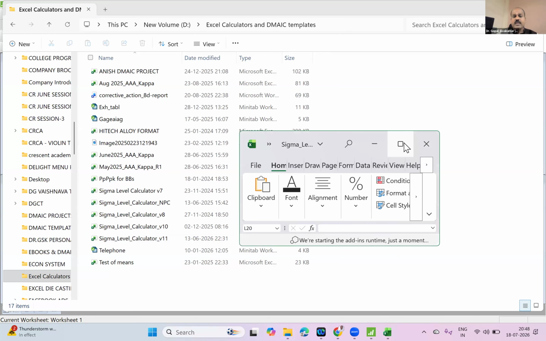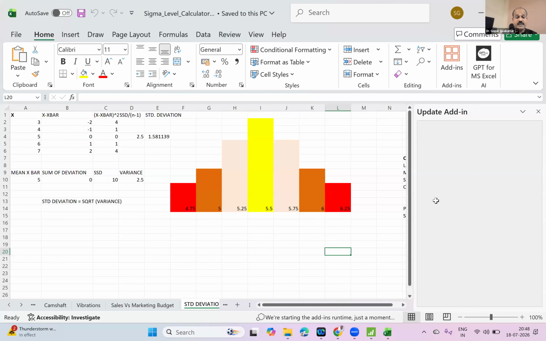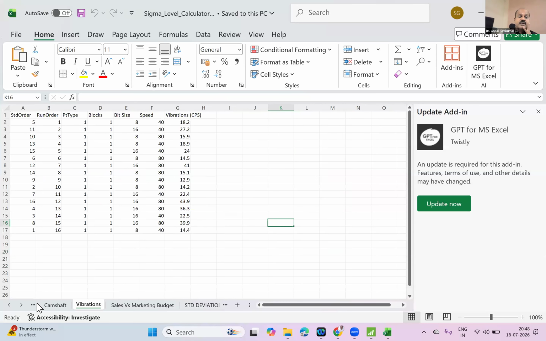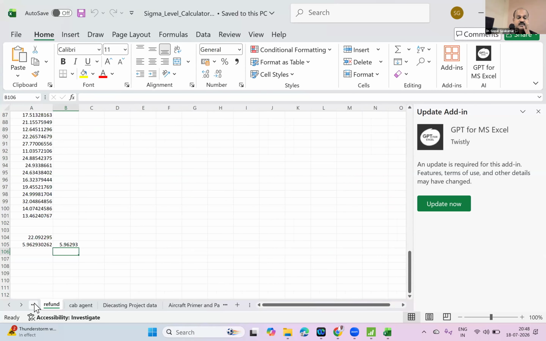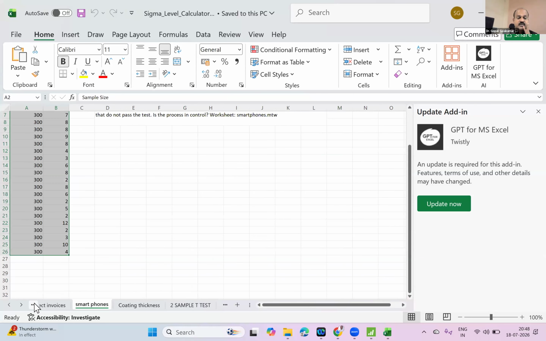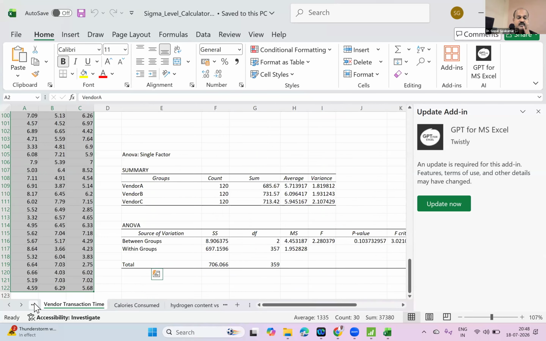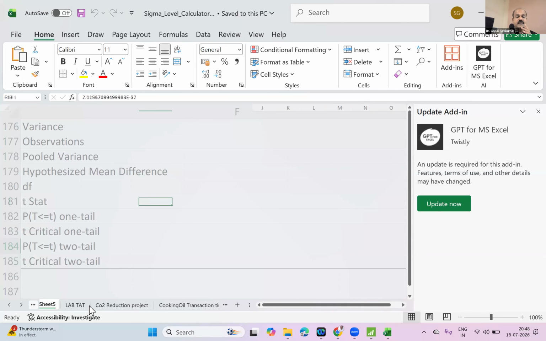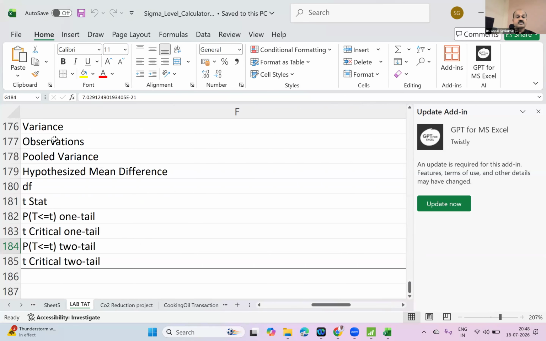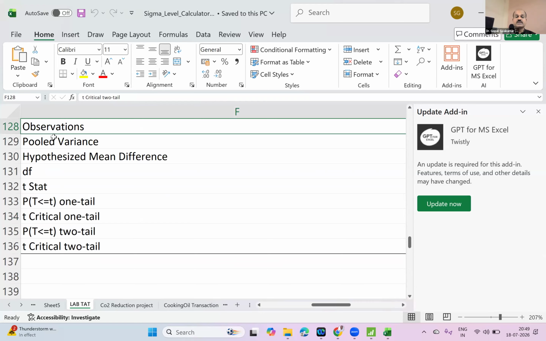Password is given. So this is the file I want. In this, the turnaround time data is available. It's here, lab data. What we need to do, we just have to copy.